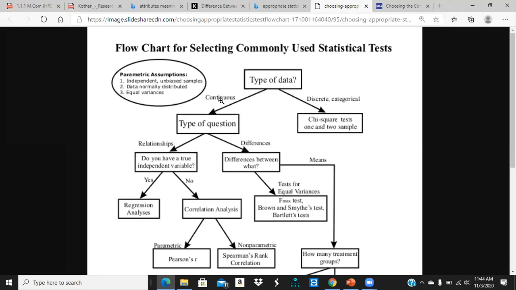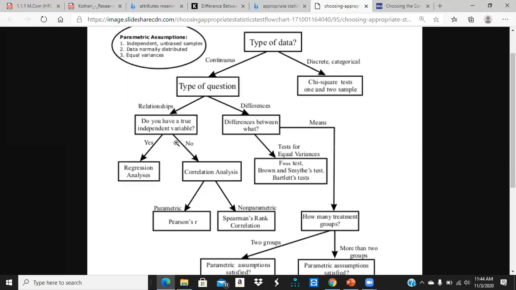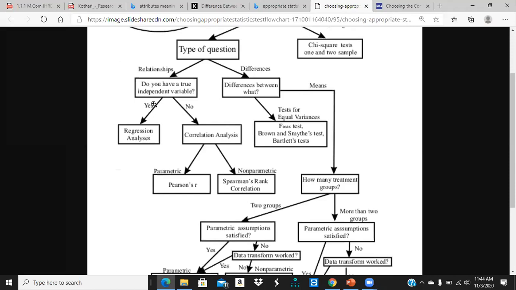Then if it is continuous data, I have to ask one more question: what type of question, whether you want to know the relationship between the variables or the significant difference between the variables. If you want to know the relationship between the two variables, then ask one more question: do you have true independent variables?